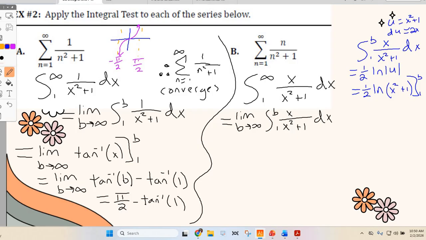So you can leave them there, it's just going to be redundant. It's not going to hurt to drop them. So we have 1/2. We can leave that factored out for right now. I have the natural log of b squared plus 1 minus the natural log of 2.